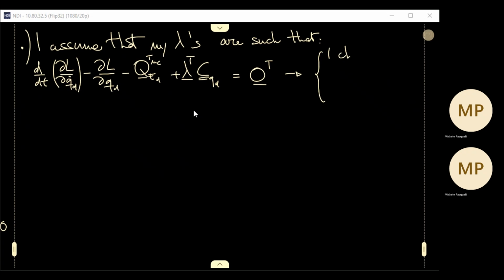So I choose my lambdas so that these equations are satisfied. And therefore, my previous equation reduces to the following.